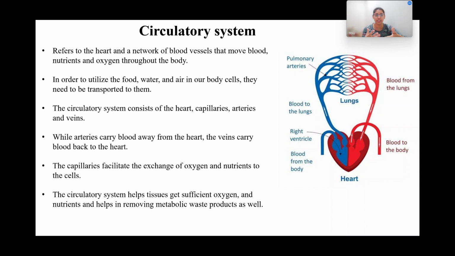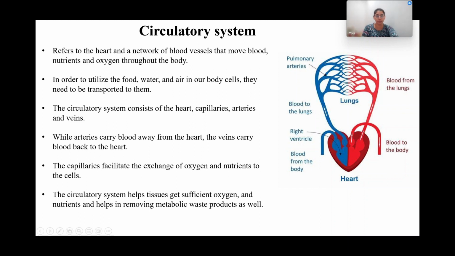The veins carry blood back to the heart, and the capillaries are the site which facilitate the exchange of oxygen and nutrients to the cells. And this system as a whole helps tissue get sufficient oxygen and nutrients, and helps in also removing the metabolic waste products in complement to circulating the blood.